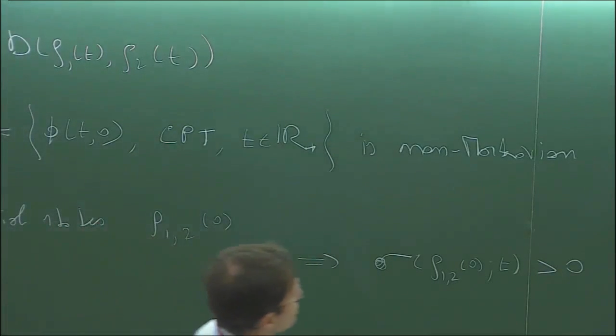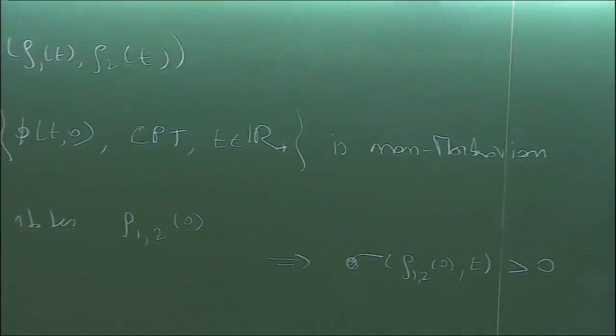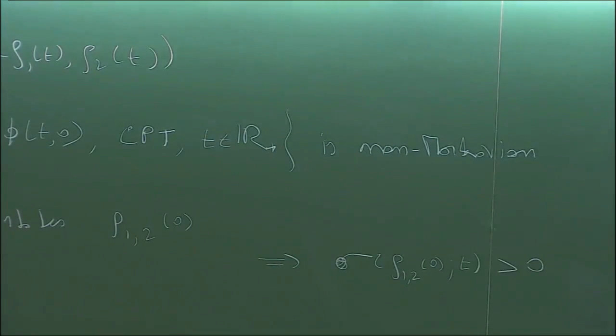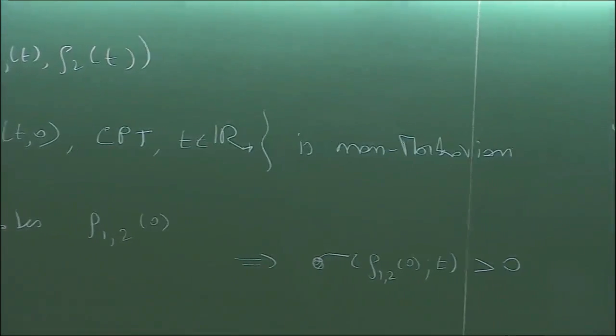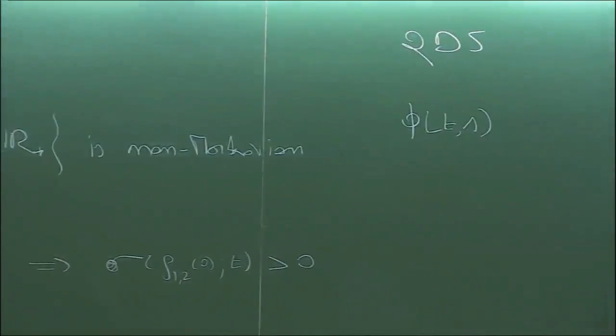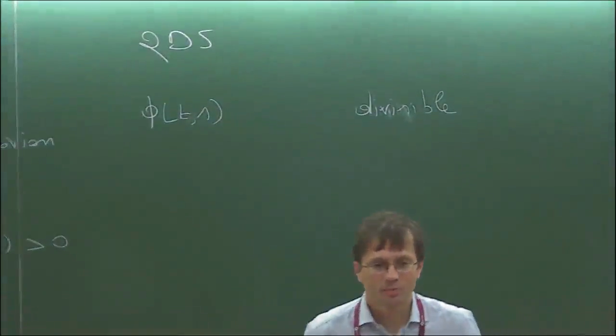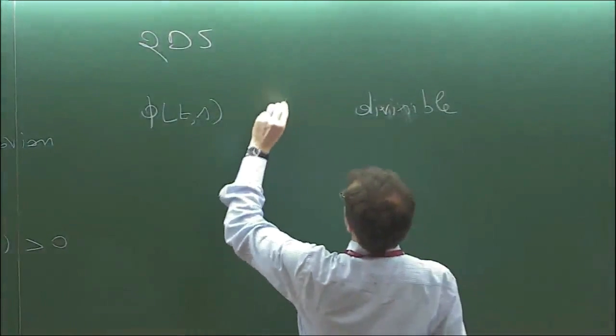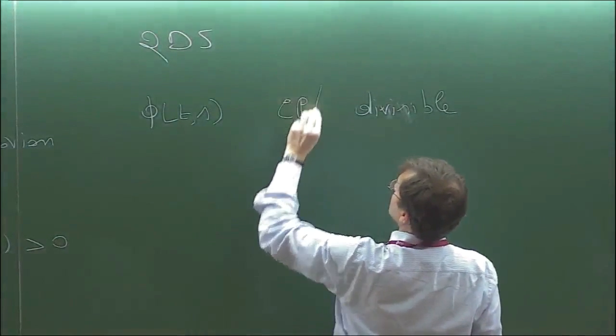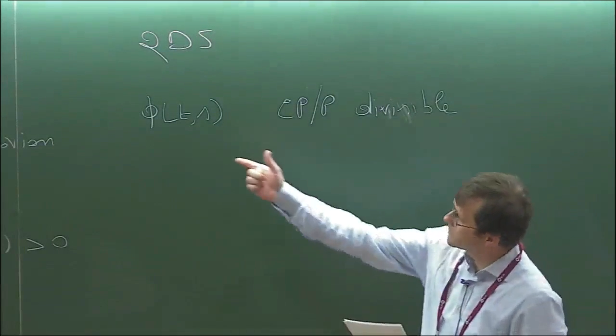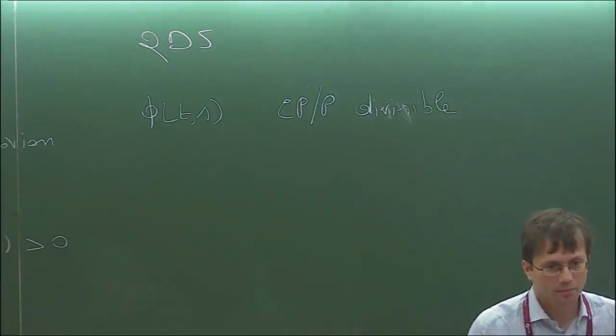Given this signature, in particular, we can easily find out that if we consider a quantum dynamical semigroup, as said before, or more generally, a collection of CPT maps which are divisible in the sense that I described in the previous lecture, so that I can split this time evolution into as many smaller pieces as I want, and this can be divisible either in the sense of CP or P maps, so that I can split these into single contributions which are again CP.